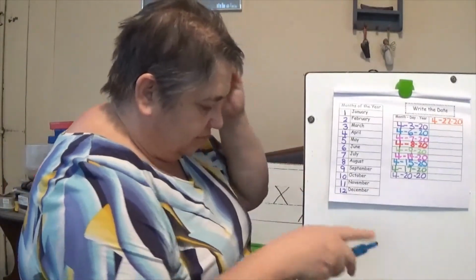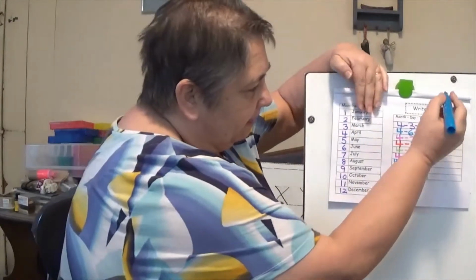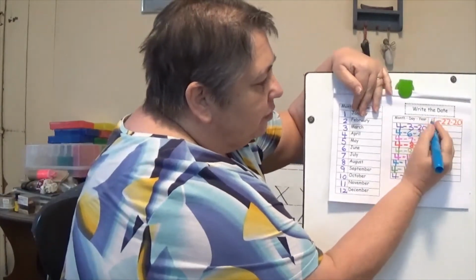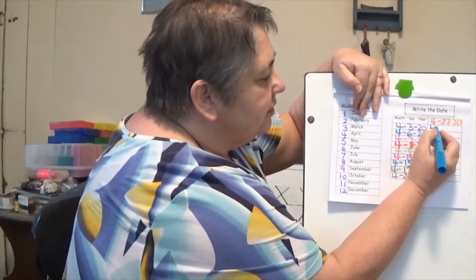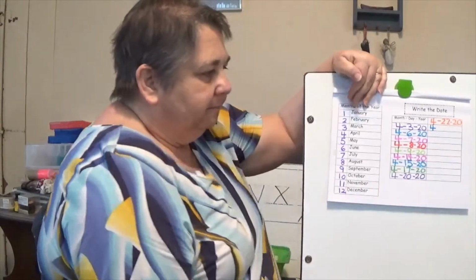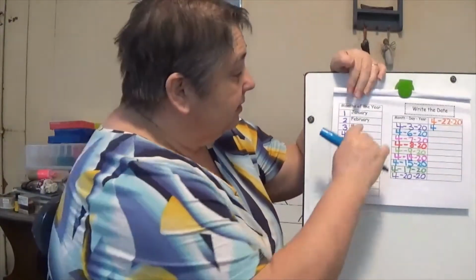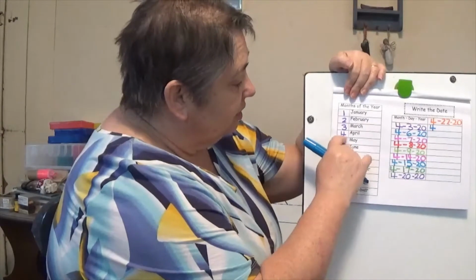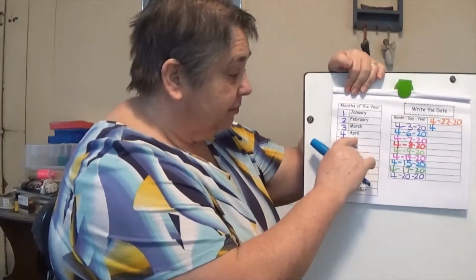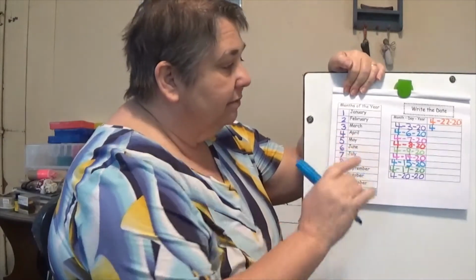Xander, what do I need to write for today's date? Okay, a 4. Why would I put a 4 there, Xander? For the 4th month. Here's our 4. It is April, and we saw that on our calendar it is April. So 4 is our month.